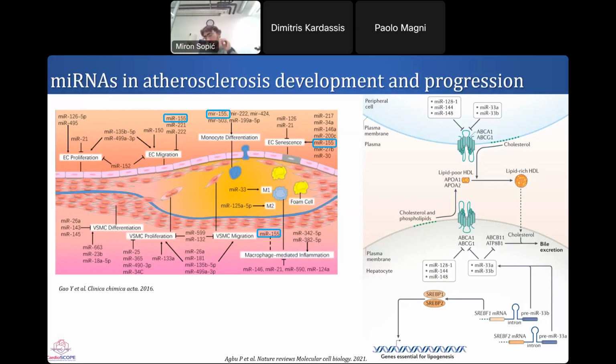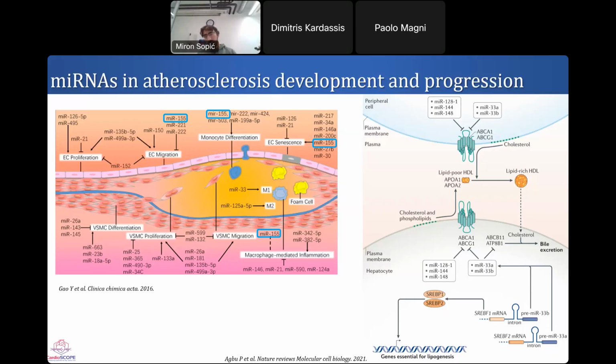This is why, when I told you that it's really hard to capitalize on microRNAs in terms of drugging them and using them as drug targets, you can see that they co-regulate many processes here. I just emphasize microRNA 155 to show that it's important for migration, for monocyte differentiation, for senescence. So many pathways are regulated.